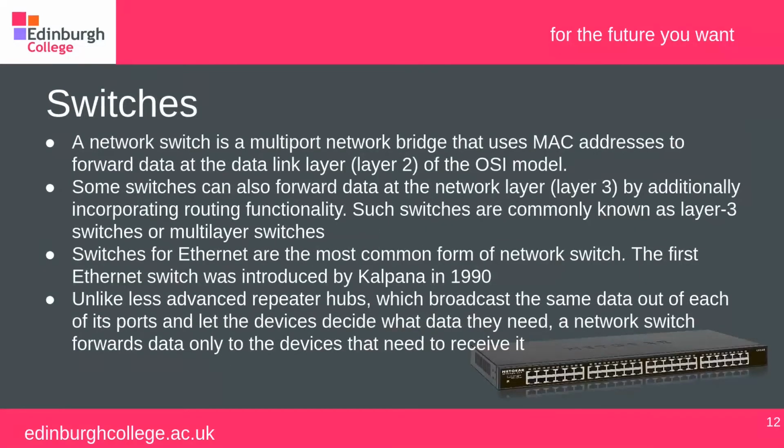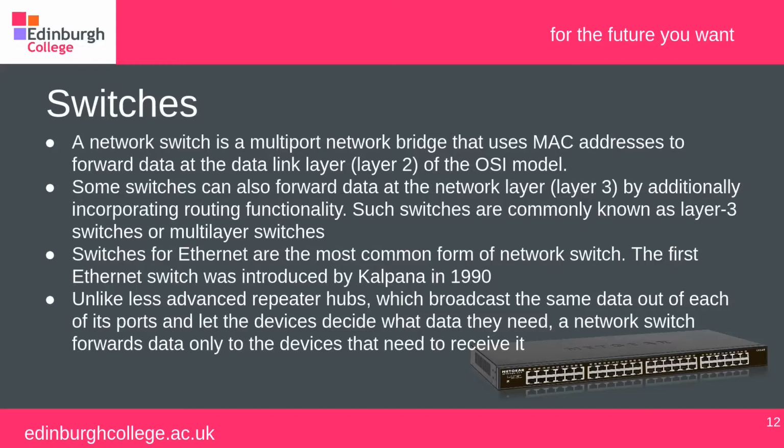Okay, switches. So a switch is a network device that's often at layer 2 of the OSI model, and if routers forward packets based on layer 3 addresses, then switches forward packets based on layer 2 addresses, based on physical addresses.